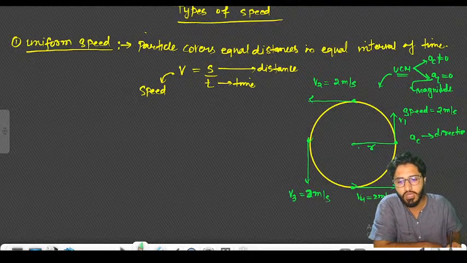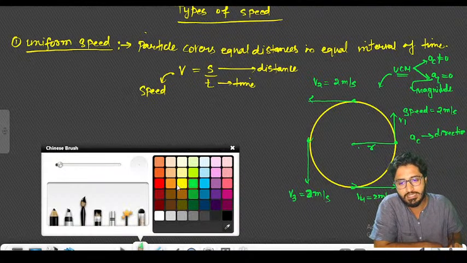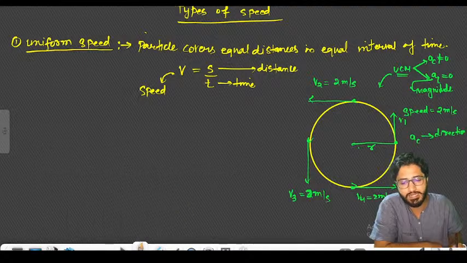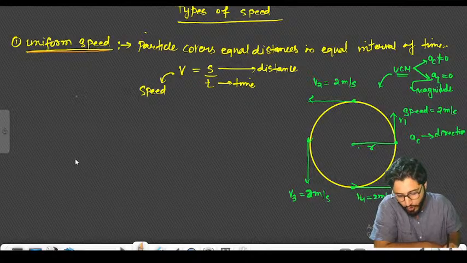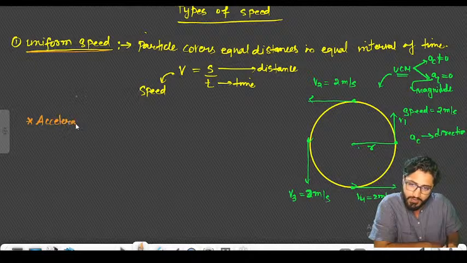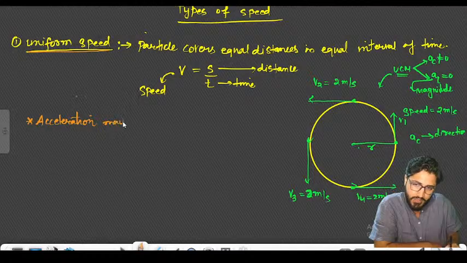In uniform motion, is it possible that the particle has acceleration? Yes, acceleration could be possible. So here I can write that acceleration may be present.